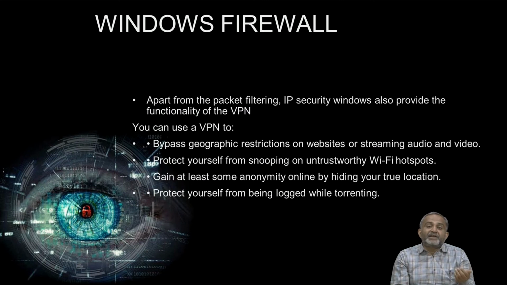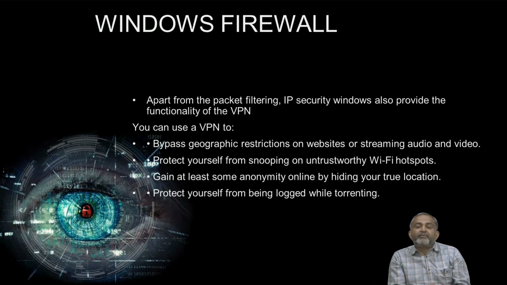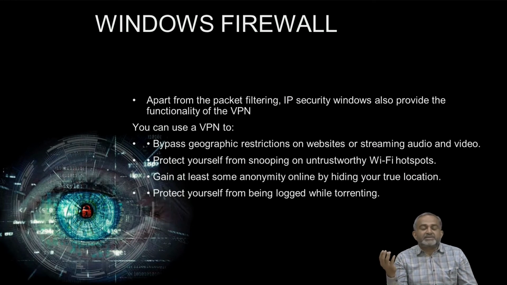Now, protect yourself from snooping on untrustworthy Wi-Fi hotspots. So if you are using the VPN, at that time you are protected on untrustworthy Wi-Fi hotspots. Nowadays we can see Wi-Fi hotspots fixed at various public places, but you can protect yourself by using a VPN from this kind of Wi-Fi hotspot.